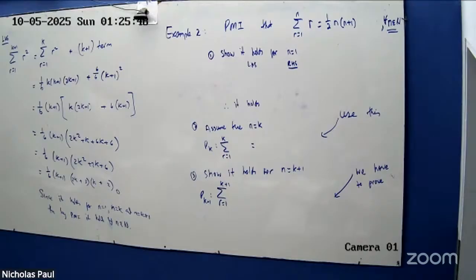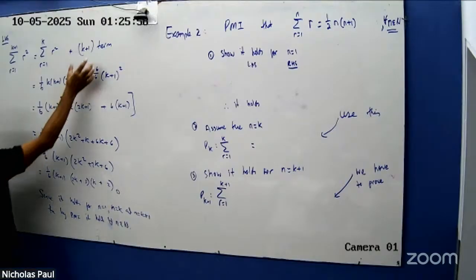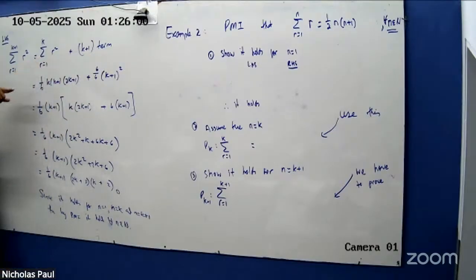K plus 1 is always put in. Take off R and put the K plus 1, all the time. Wherever R is, put K plus 1. Okay?